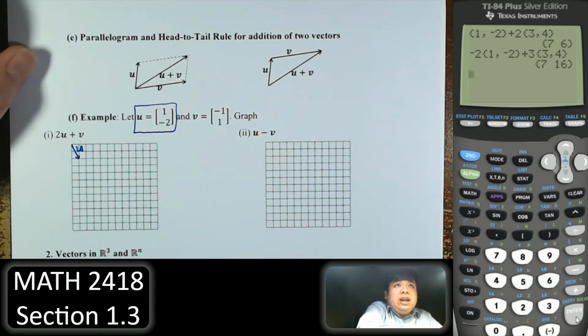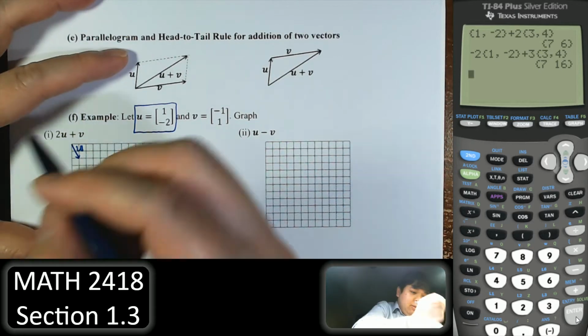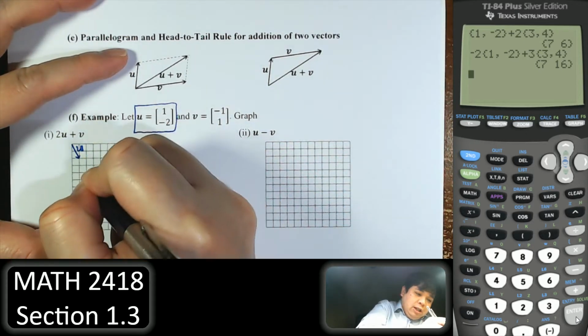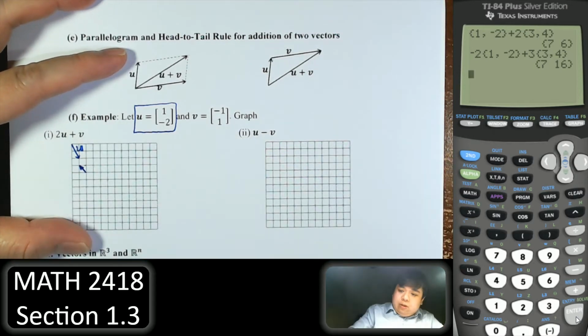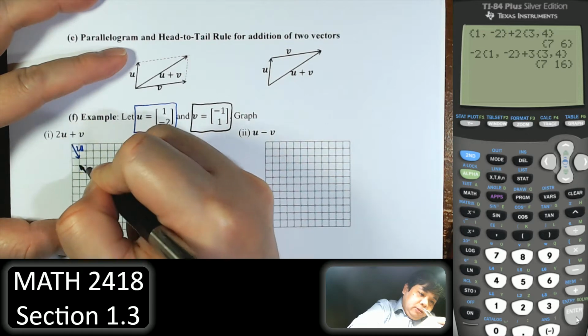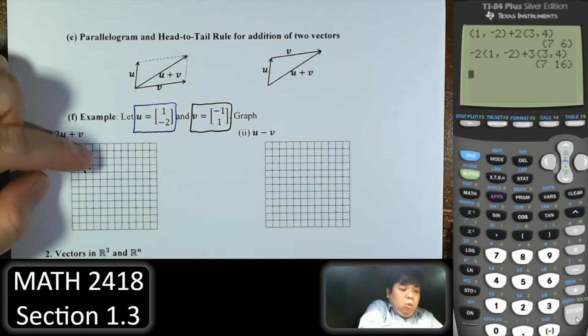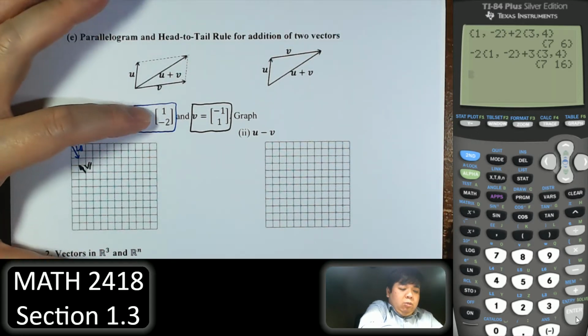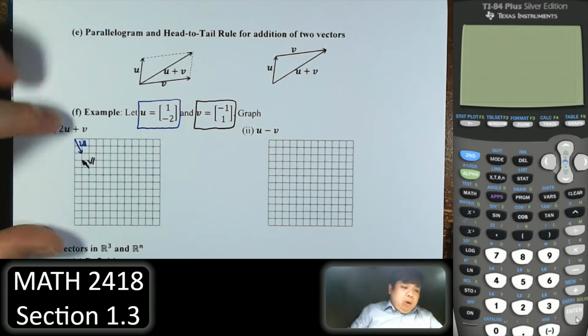And vector v is -1, 1, so 1 unit to the left and 1 unit up. 1 to the left, 1 up, and then 1 to the right, 2 units down. Now what we do is 2u.